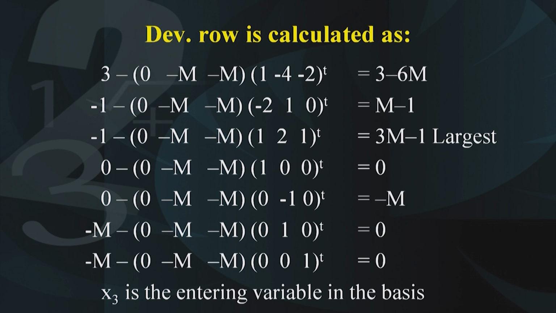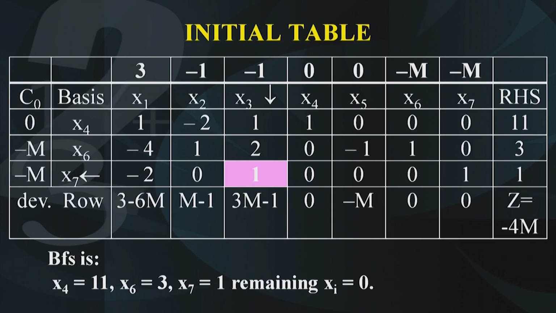Next, we will again calculate the second entry. Minus 1 minus 0, minus M multiplied by minus 2, 1, 0, and the answer that you get is M minus 1, and this M minus 1 will come in the deviation row under the x2 variable column.